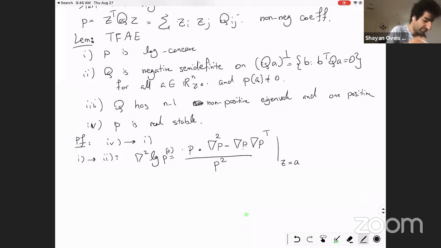Here I'm not doing anything fancy. This is just the rules of derivatives. You can prove it for yourself. So this is always the case.